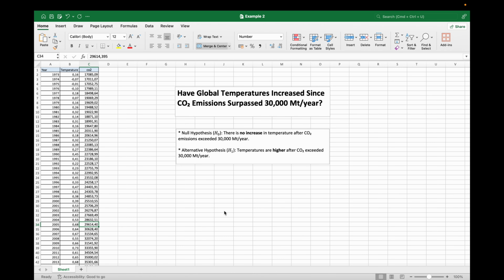Example number 2. I have a question. Have global temperatures increased since CO2 emissions surpassed 30,000 million tons a year? I used the same data sets as example number 1. First of all, I'm going to state the hypothesis.